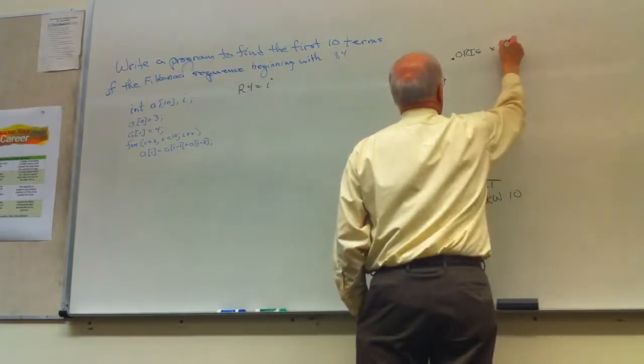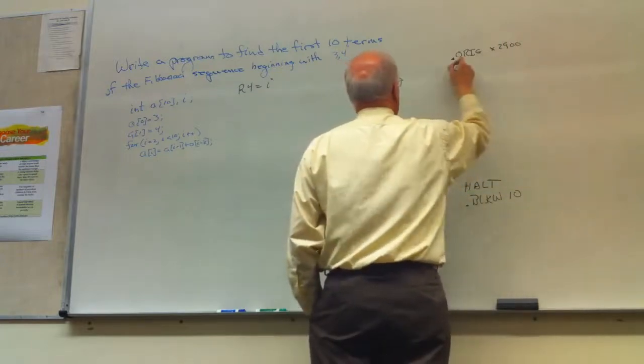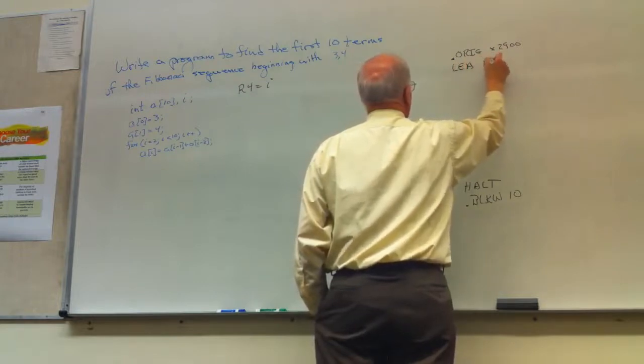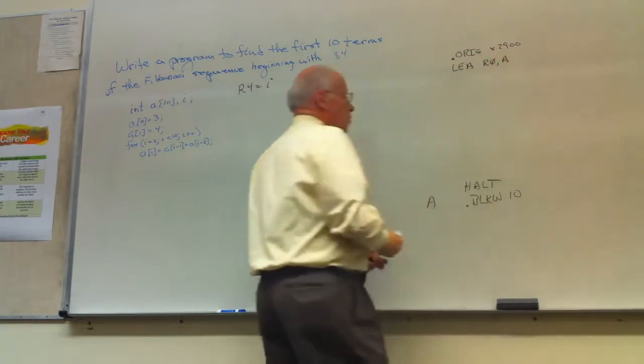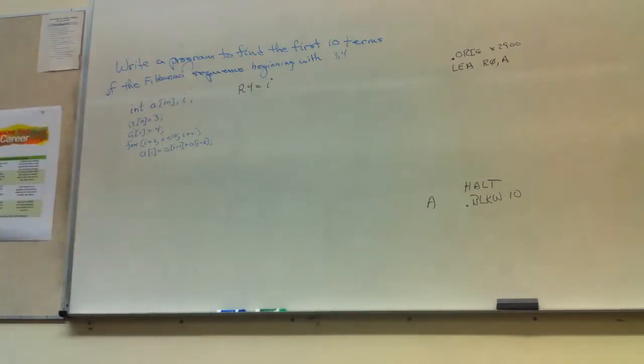We'll use something different just to be different here. Remember this load effective address thing allows me to load the actual address associated with the label A into this register.